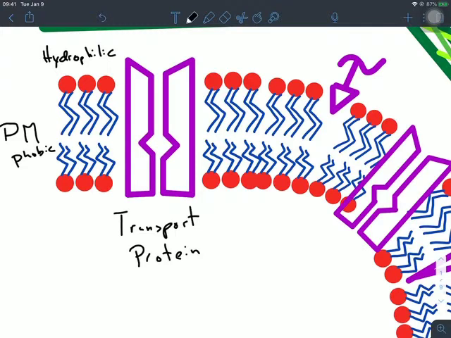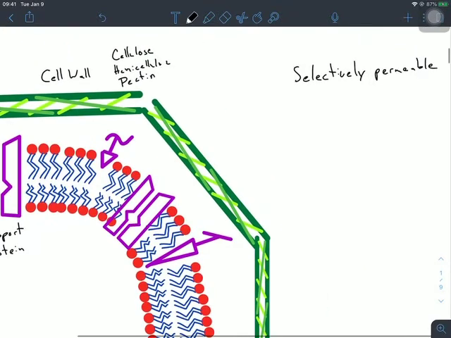Transport proteins span the plasma membrane, meaning they go from the outside to the inside, and can specifically allow certain molecules to go through. In so doing, they manifest the fact that the plasma membrane is selectively permeable. Those proteins are what are picking what is coming in and out.